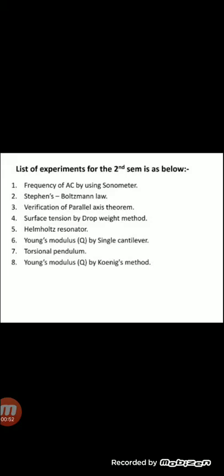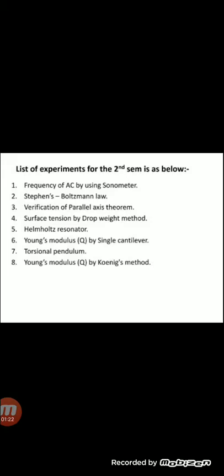First one is frequency of AC by using sonometer, and the second one is Stefan's Boltzmann fourth power law. Third one is verification of parallel axis theorem, and the fourth one is surface tension by droplet method. The fifth one is Helmholtz resonator.